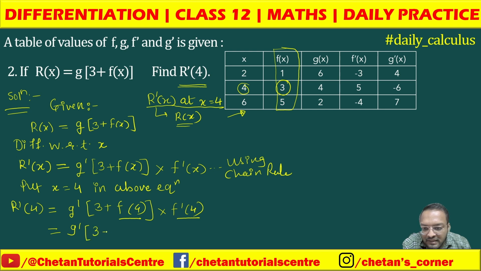What we will get? g dash of 3 plus f of 4 is 3, into f dash of 4. Now f dash of 4 means the value of the function f dash of x at x is equal to 4, which is 5. So we will put that 5 over here.